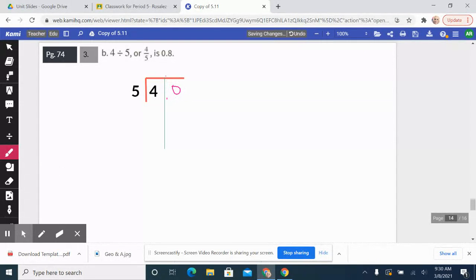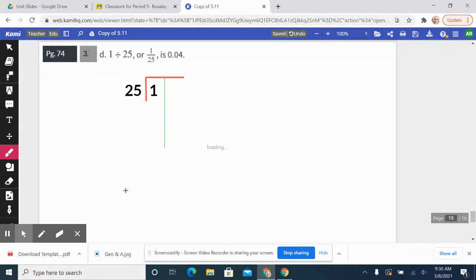So 5 goes into 40 8 times. Take note that I'm to the right of the decimal. I am doing 5 into 40, not 5 into 4. Okay, well, 8 times 5, that's 40. You get a 0. So your answer is 0.8, or what some of you like to do, .8. These are equal. Whichever way you write it is correct.